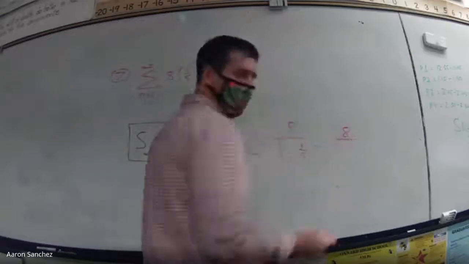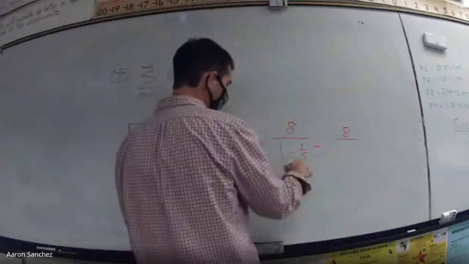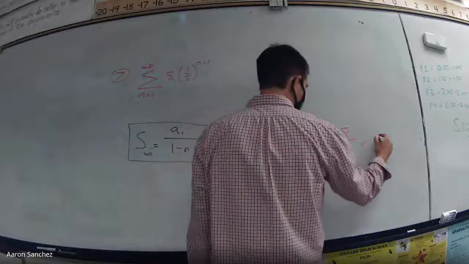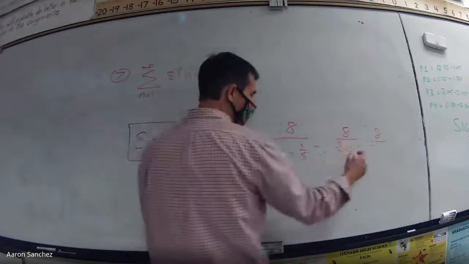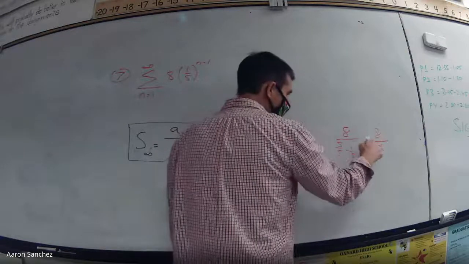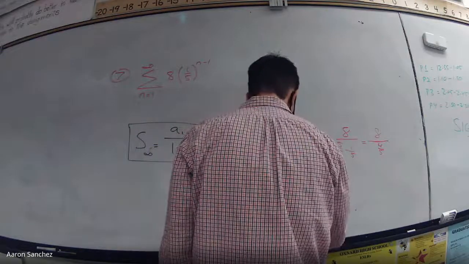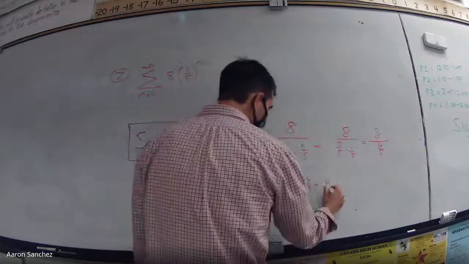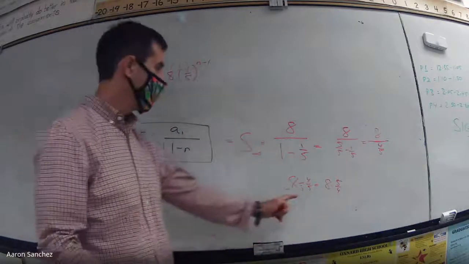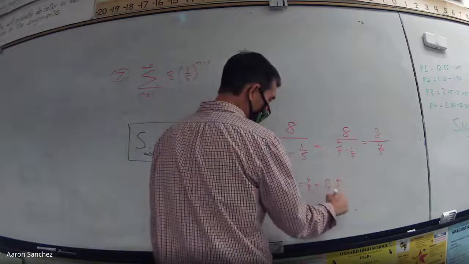I'm going to do all the steps to solve it. You can skip the steps if you don't need. But 1 minus 1/5 is 5/5 minus 1/5, equals 8 over, subtract the numerators, 4/5, which is 8 divided by 4/5, which equals 8 times 5 over 4. 8 times 5 is 40, divided by 4 is 10, or you can reduce, right?